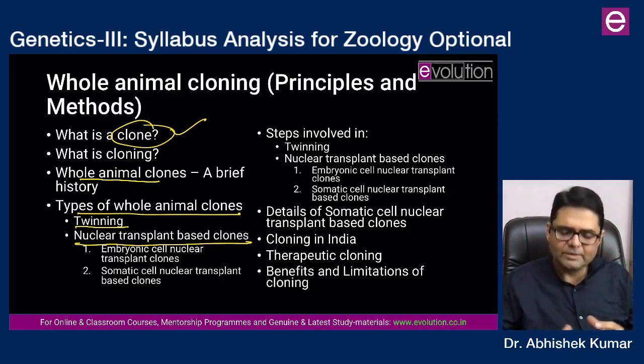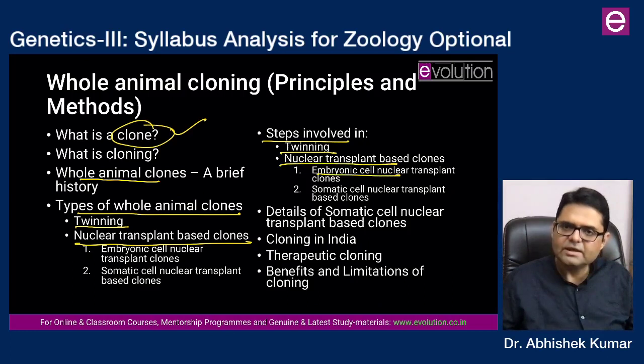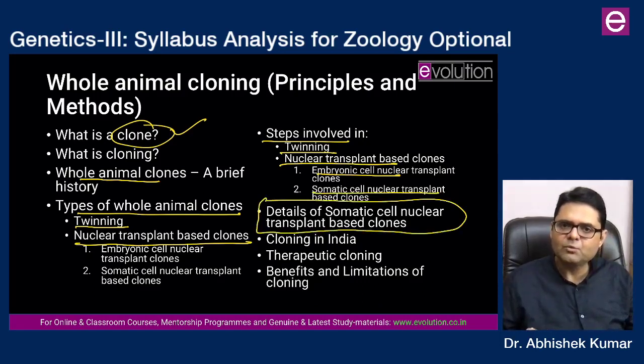After that, you will be dealing with how we produce twins if we are going to produce them artificially for an animal, and then how we go about the nuclear transplant based method. First, embryonic cell nuclear transplant, and second, somatic cell nuclear transplant. And then get into the details of somatic cell nuclear transplant, because this was the method which was revolutionary when it was first attempted.